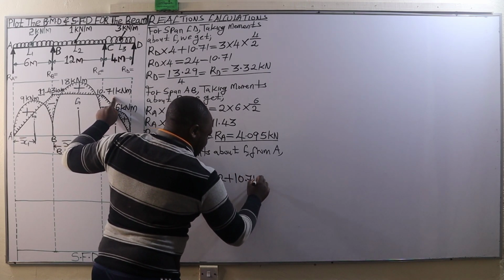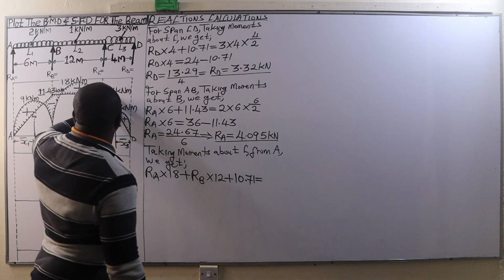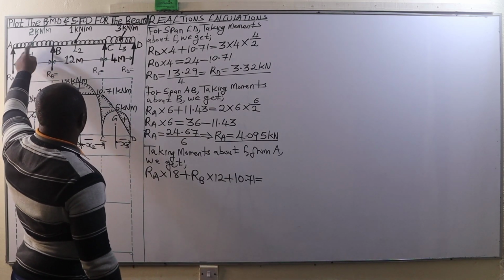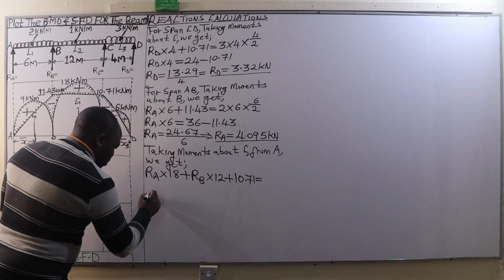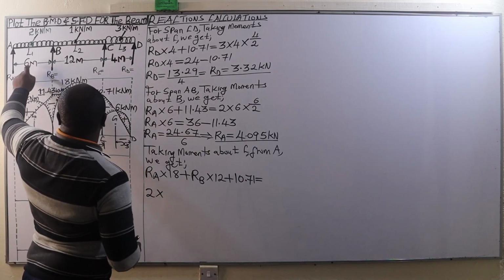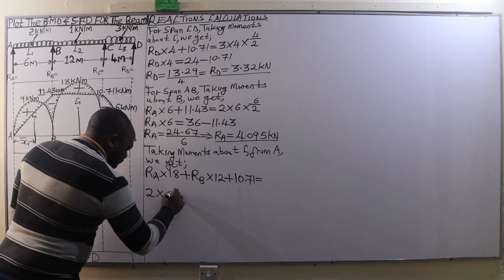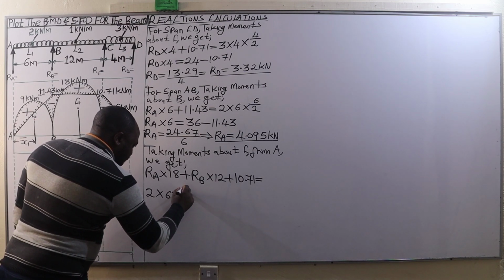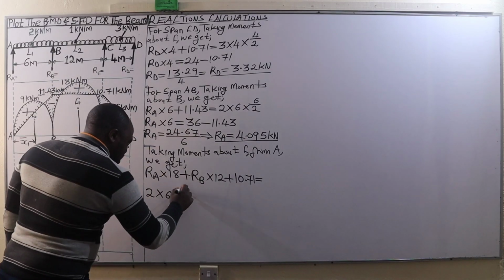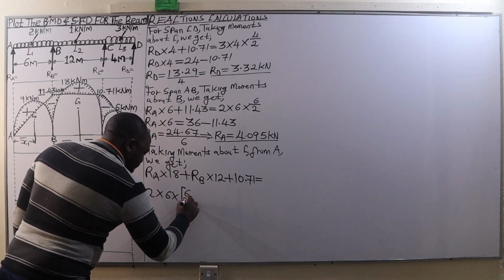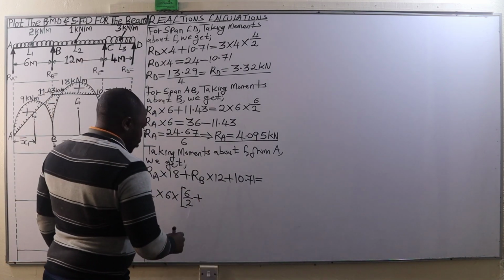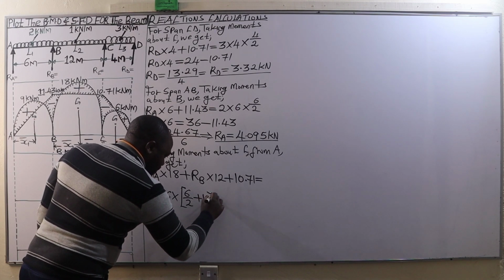So we add 10.71, which is equal to, between A and B, a UDL of 2 kilonewtons per meter. Let me write it down here. So we have 2 times the span of 6 meters times the distance from the midpoint of AB, which is 6 divided by 2, and then we add the distance from B to C, which is 12 meters, plus 12.